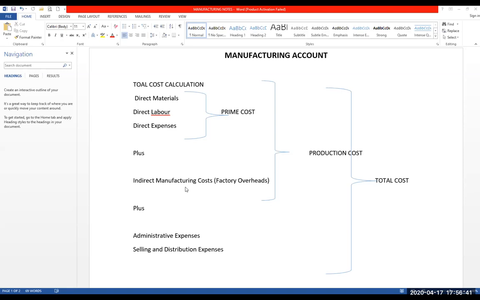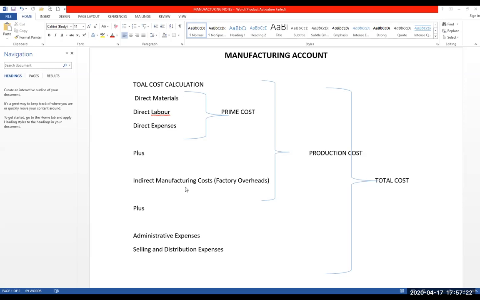But before they consume it or before they sell it, they will let it sit or rest or cure or preserve for 48 hours or 72 hours or 7 days. That waiting period is work in progress because it's not ready to be sold, but it's also not raw materials anymore. It is the product, but it's not the finished product. It is the product, but it's not the untouched product. So it's in the middle of the cycle of the product. So that is known as work in progress.